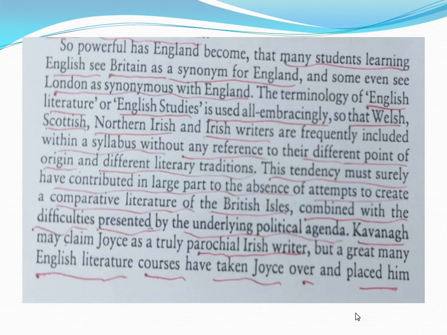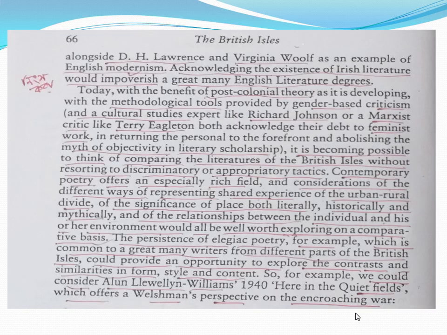But can James Joyce, who was born and brought up in and wrote literature in Ireland, can his literature be called English literature? That is the question. And acknowledging the existence of Irish literature would impoverish a great many English literature degrees.